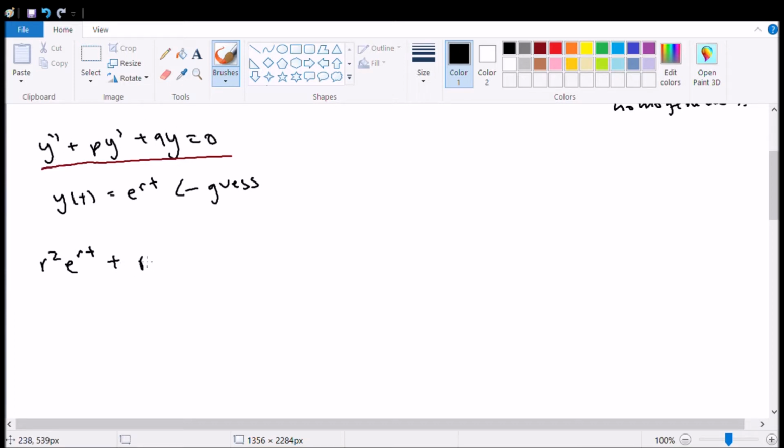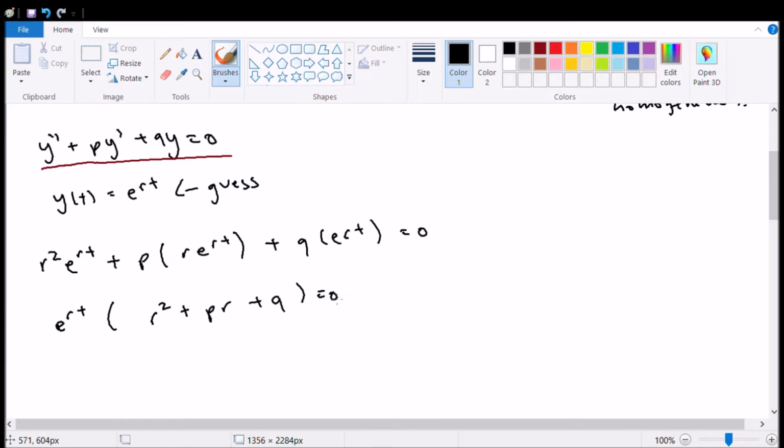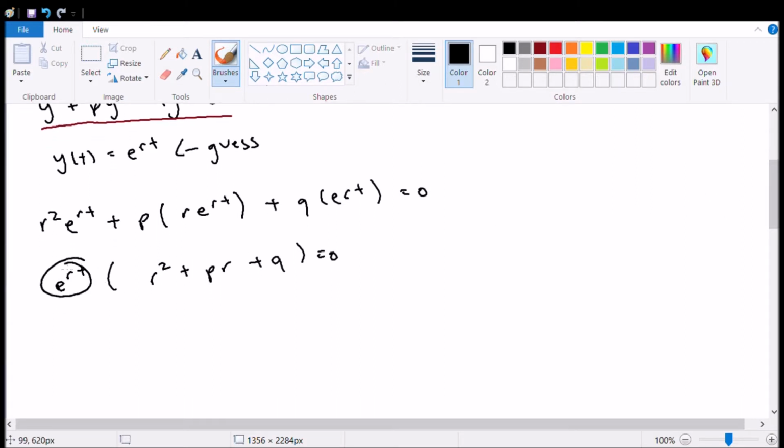And then p r e to the rt plus q e to the rt equals 0. And we can factor out an e to the rt here. So what we get is r squared plus pr plus q equals 0. Now this is a quadratic, right? And so e to the rt we know is never 0. So since this is never 0, then for this equation to be true, this has to be 0.